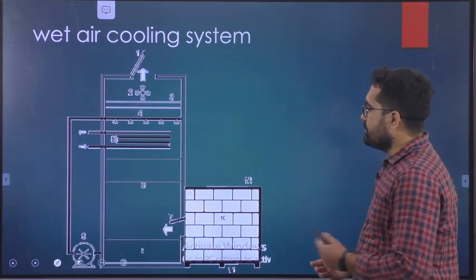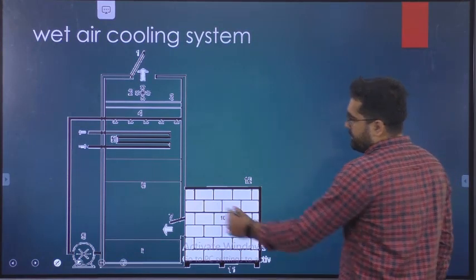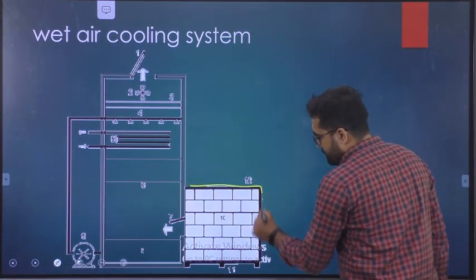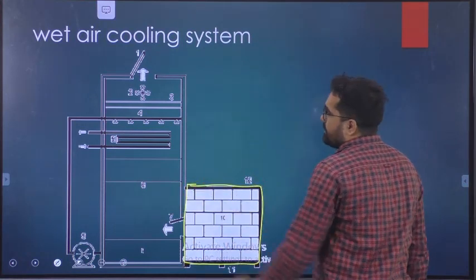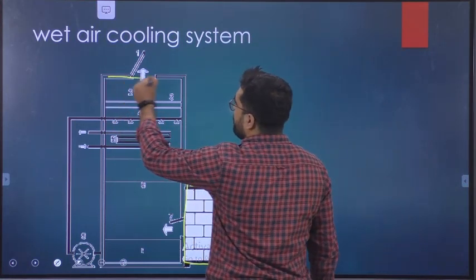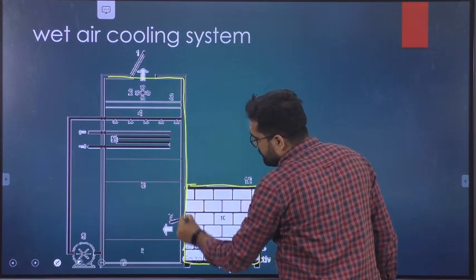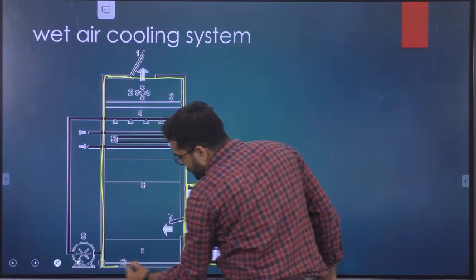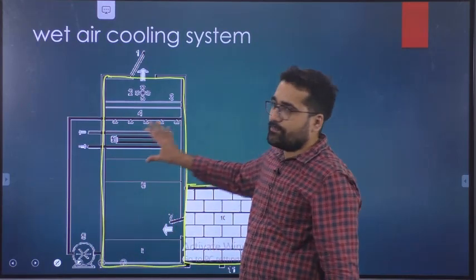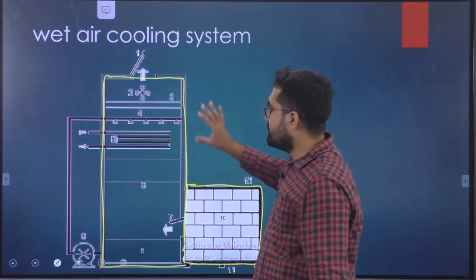In this method, this is our chamber. In this chamber we are keeping our product, and this is the chamber for maintaining the air temperature or the pressure inside the system.